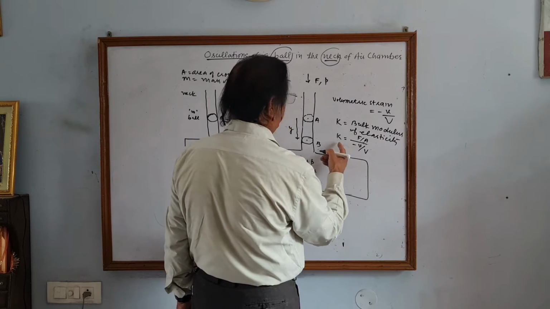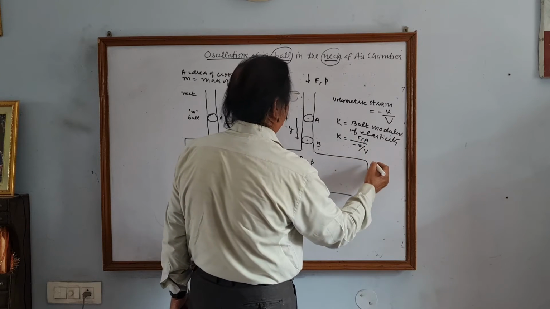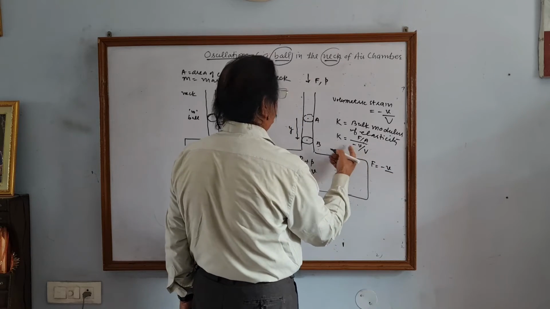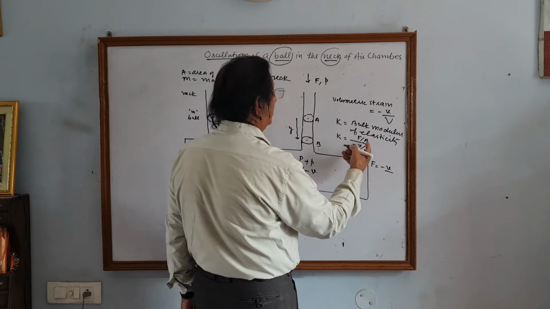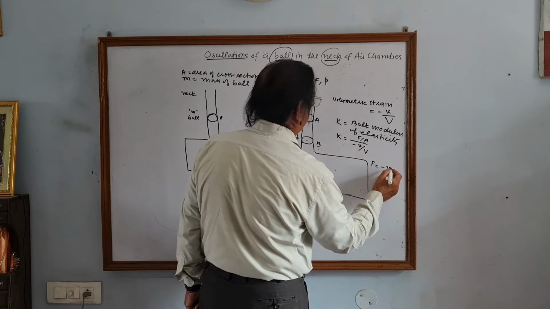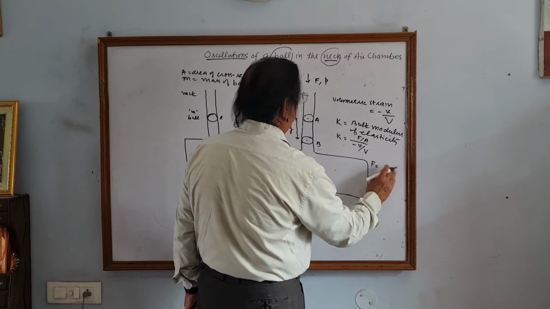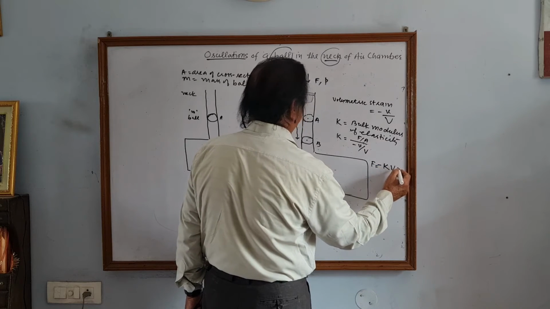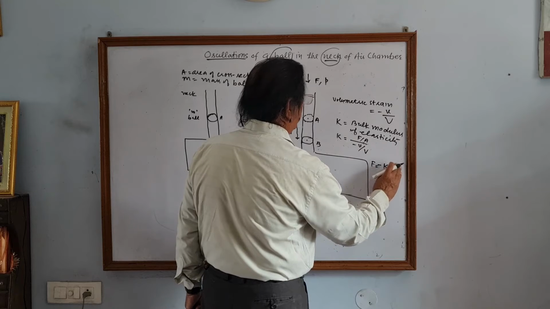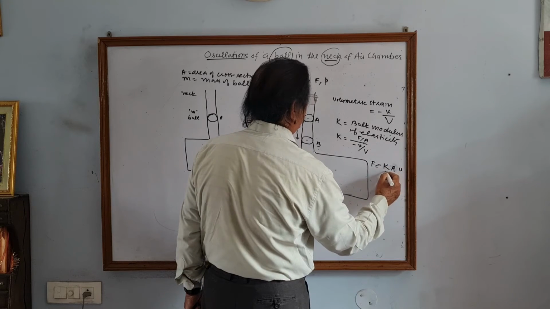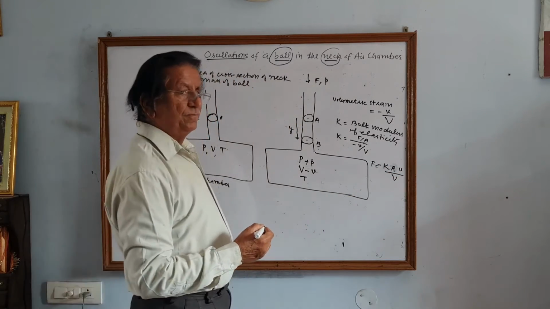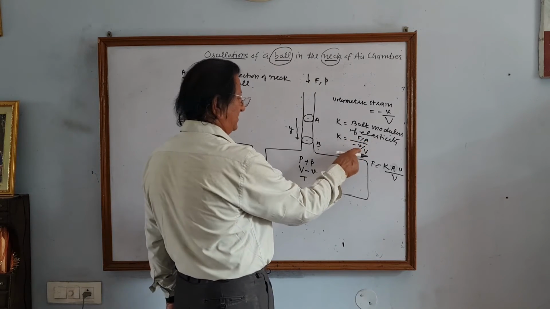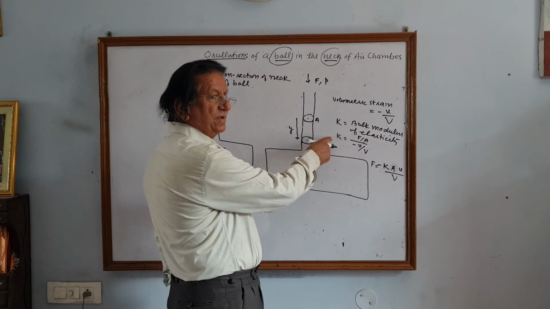So what will be the expression for F? Get the value of F. F will be minus K A v upon V. A also comes from below, and will be transferred to this side.